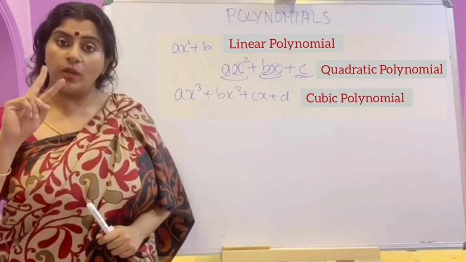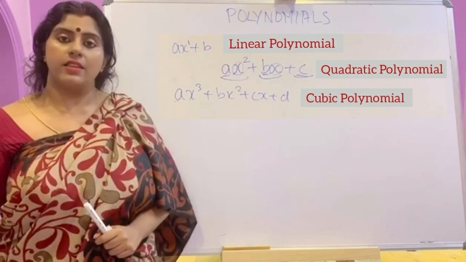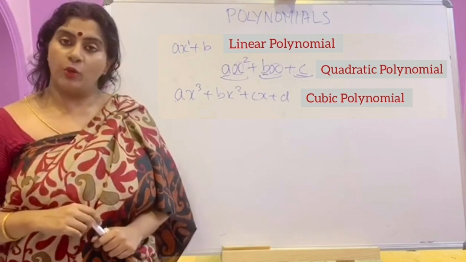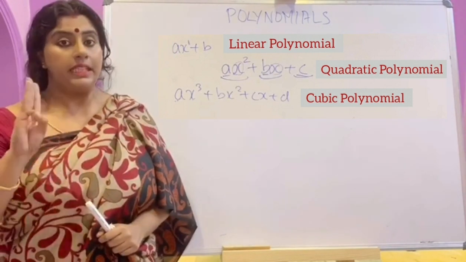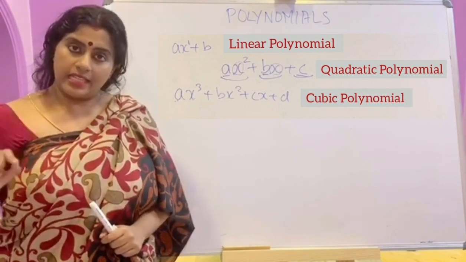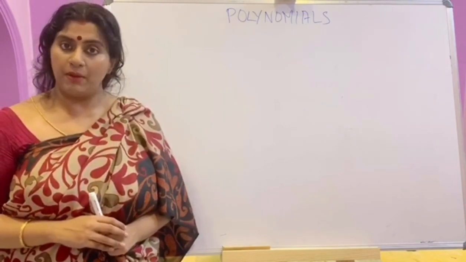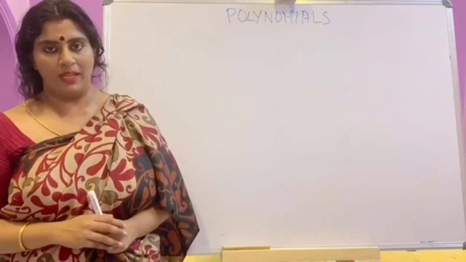For each value, when we substitute, the answer will be 0. For a cubic polynomial, we have three different values. When we substitute each value, the answer will be the same, 0. So that is about the number of zeros for polynomials.